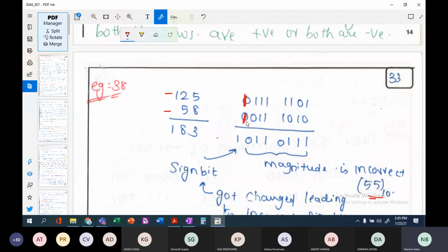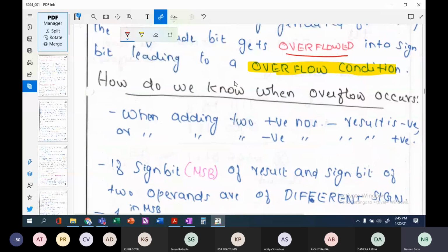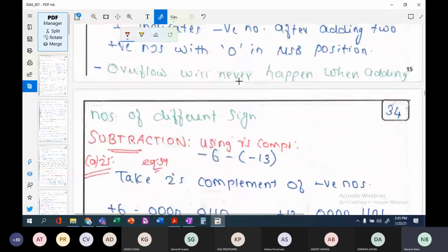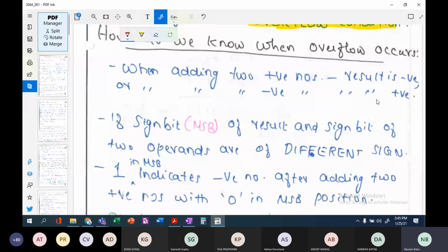Now, when you add this, again this particular carry will get overflowed here, 1 plus 1 plus 1. Again this will alter my sign bit, leading to a positive answer. So when you are adding two negative numbers also, the result will become positive, right?